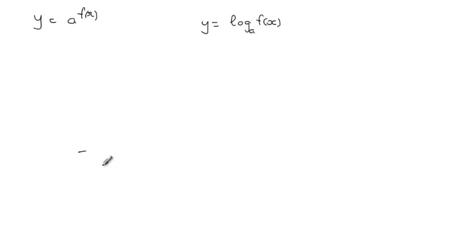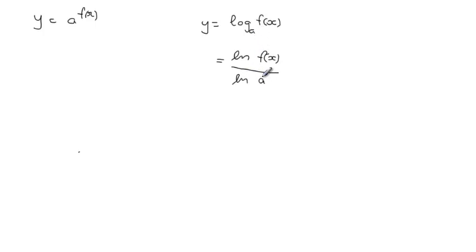Right. The strategy I think we can adopt here is to apply, not really ln, but change of base. Notice that with changing base, I can say this is ln of f of x over ln of a. Just check your formula for change of base. You are changing from base a to base e.